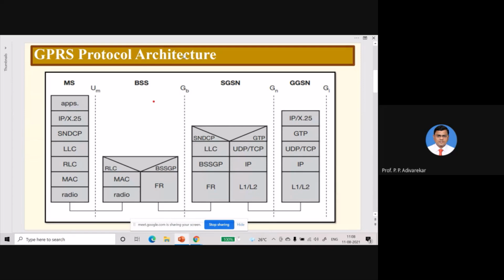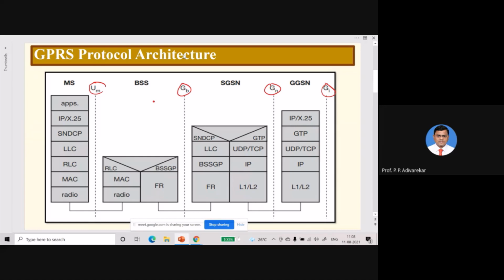Okay, so now different protocols are implemented at different components of the architecture of GPRS, which are basically connected via different interfaces. We have seen different interfaces yesterday, that Um interface, then Gb interface, Gn interface, Gi interface.